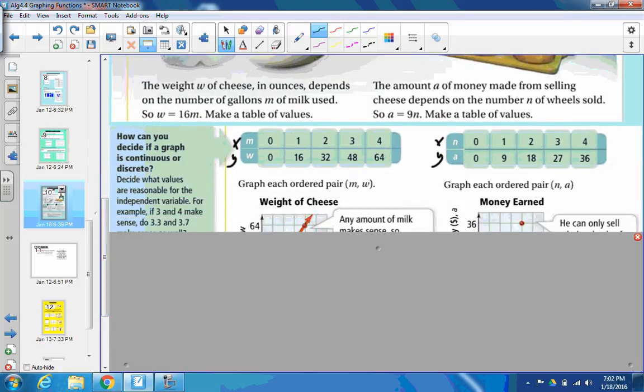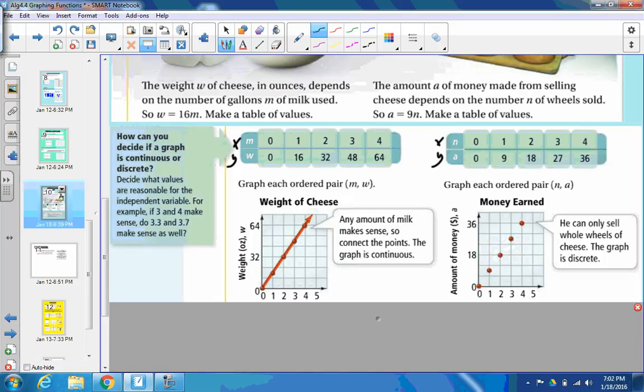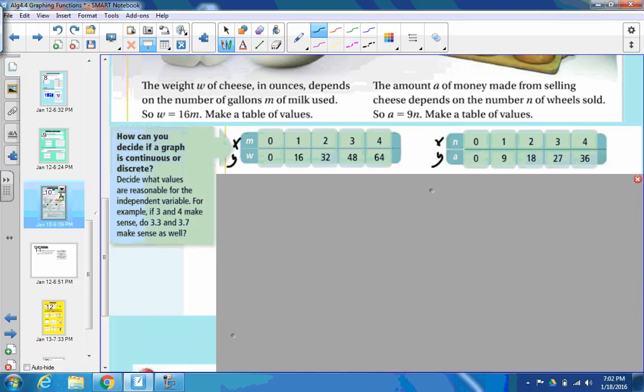Alright, so if we look over to the right or left here, it says, how can you decide if a graph is continuous or discrete? It says, decide what values are reasonable for the independent variable. For example, if 3 and 4 make sense, do 3.3 and 3.7 as well and see if that makes sense. So the independent variable, let's look at the x's.